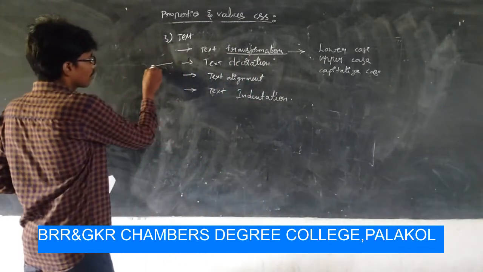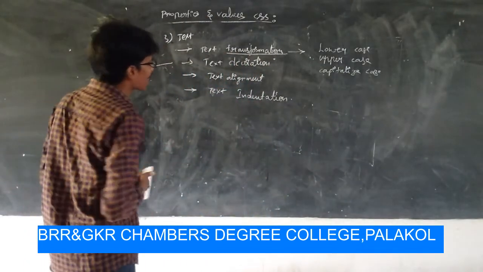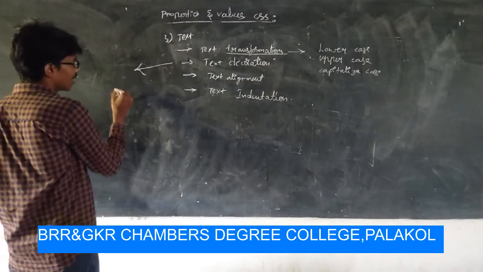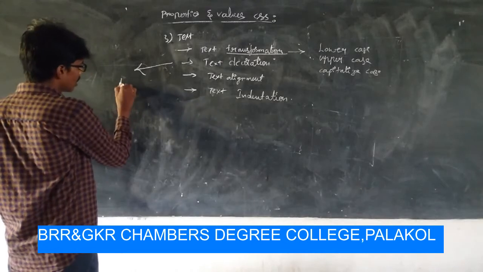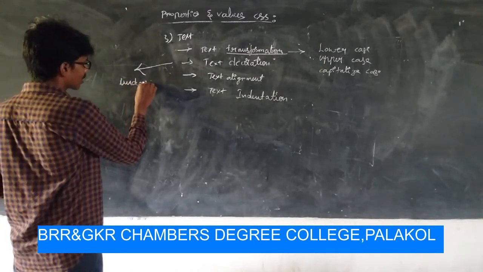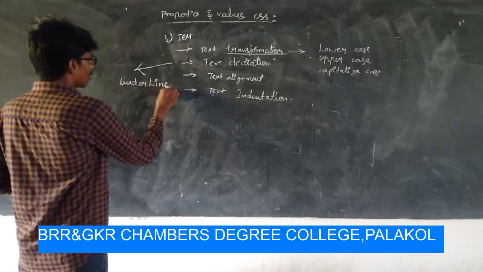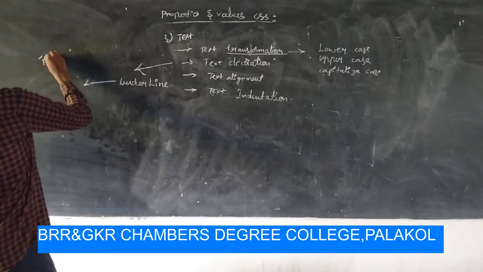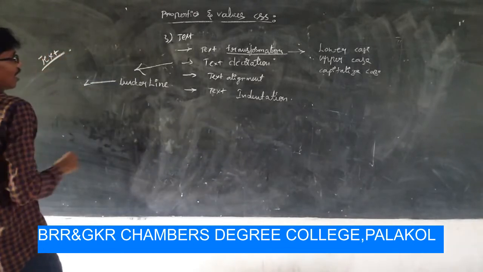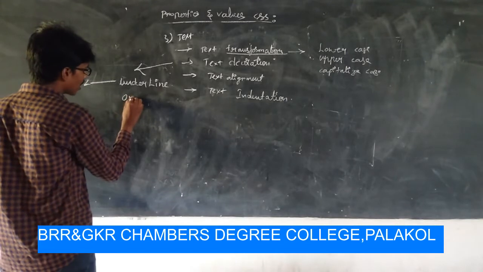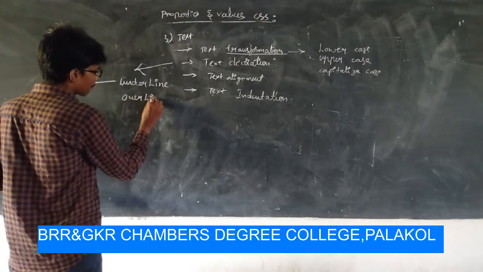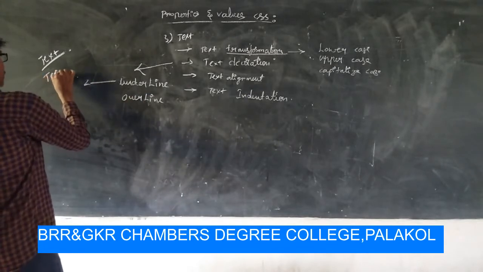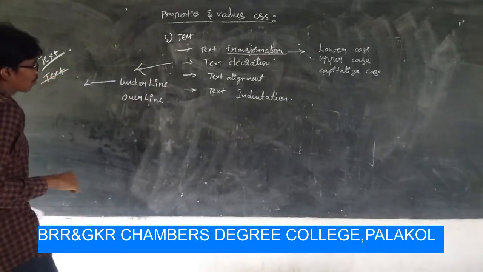In this property, text decoration means we can decorate the text in ways like there are three values. The first one is underline, that means there is any text with underline. Another one is overline, that means text with a line over it.